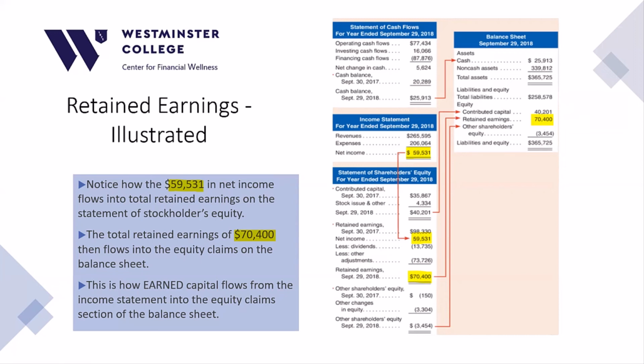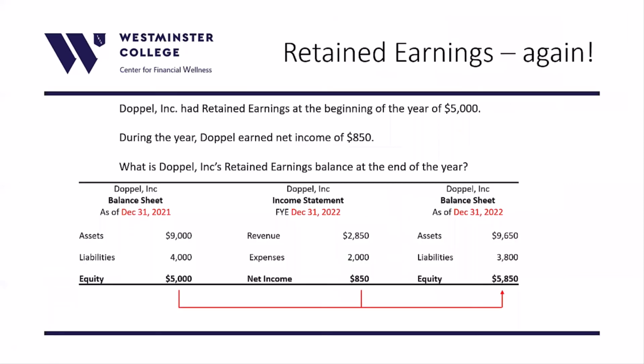It's important to understand these relationships because, again, the financial statements are related. As we're analyzing using the balance sheet equation, we're actually impacting other financial statements too. But it's important to understand how retained earnings is so interrelated, especially with the income statement. All right, one more look at this concept. This one's a more simplified illustration. We can see that the equity section of our little company here on December 31st, 2021 has a balance of $5,000.